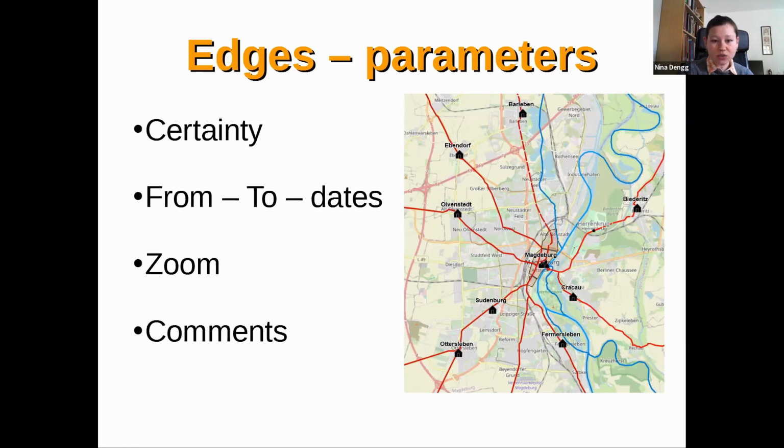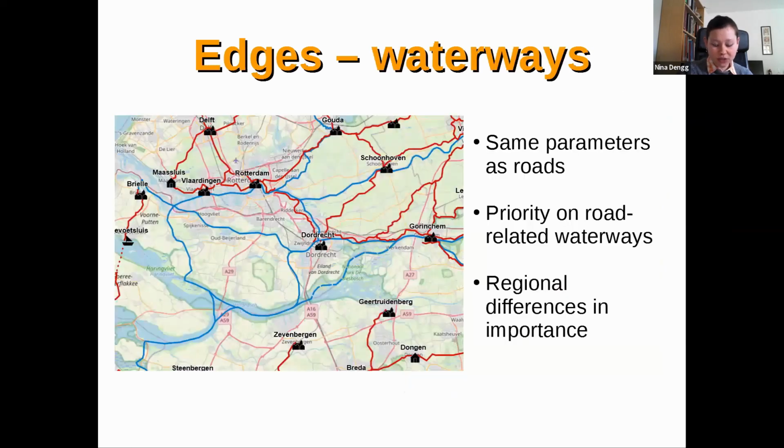There are 2 more things I want to draw your attention to. The edges that are waterways were basically drawn in the same way as roads. They have the same parameters as the roads. We started only wanting to map waterways that were important for the understanding of the land travel system.